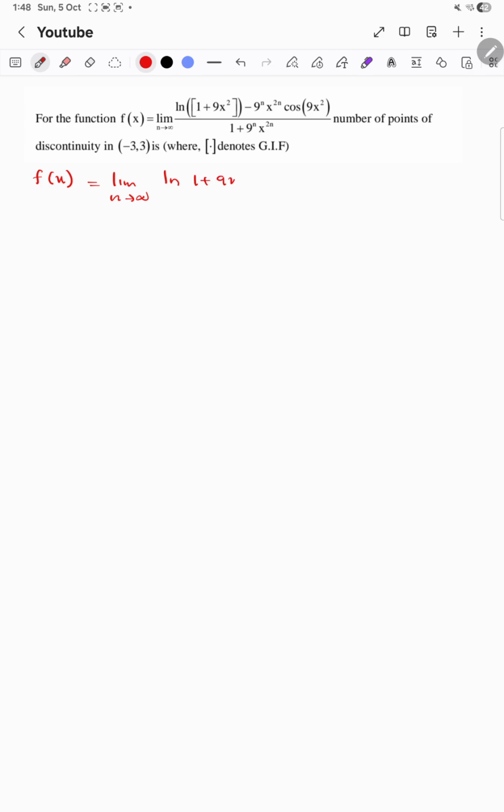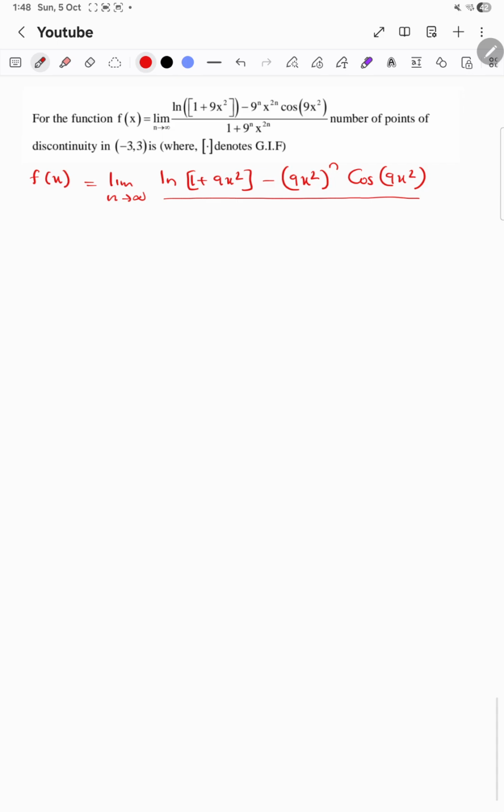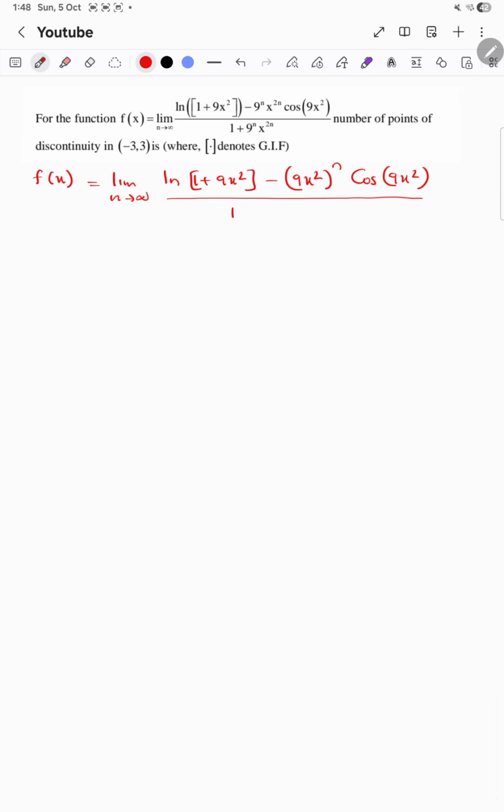So I am writing like this, the cos 9x square divided by, and you can guess that in denominator also I am going to do the same, 1 plus 9x square raised to n. Okay, so you may think why they have given x square, because they want the base of the exponential expression positive. That's why they have given 9x square. Okay, so that's the thing.